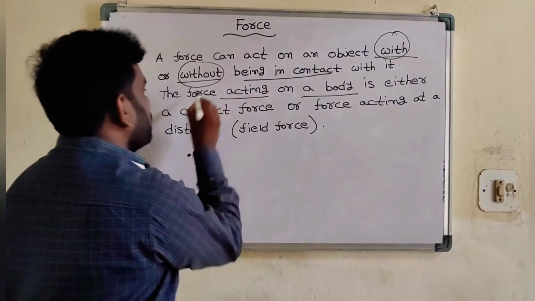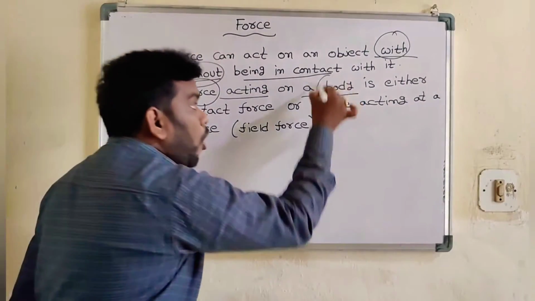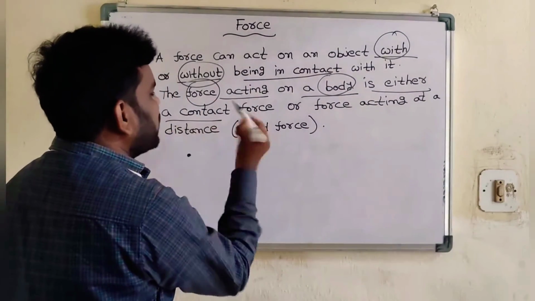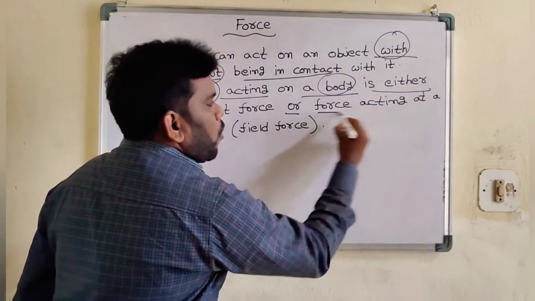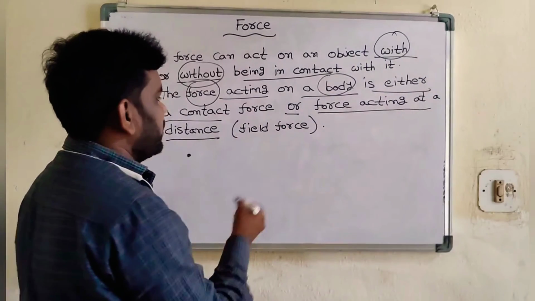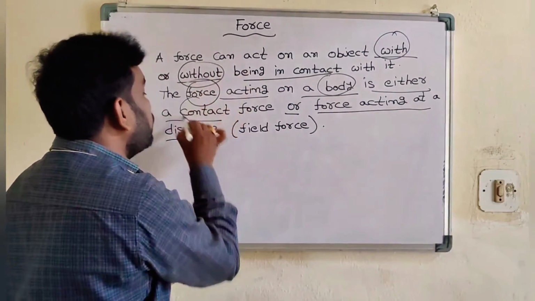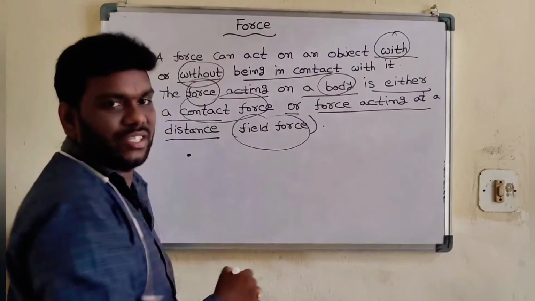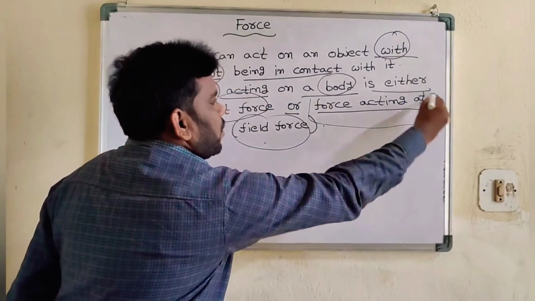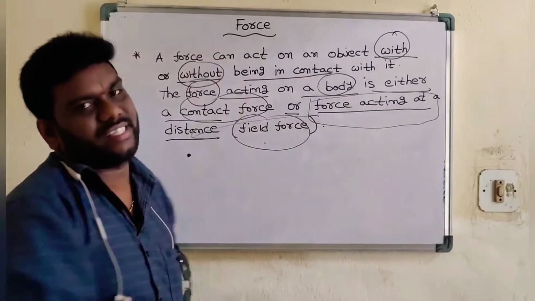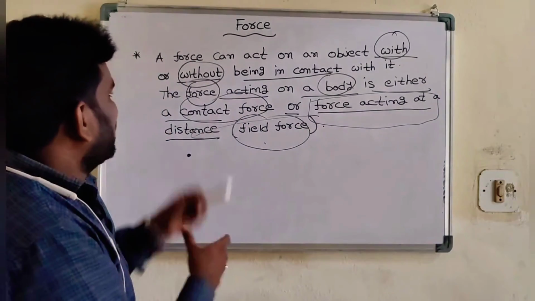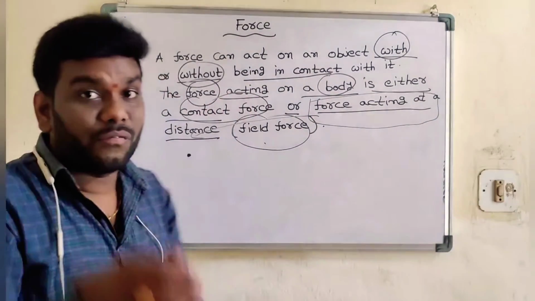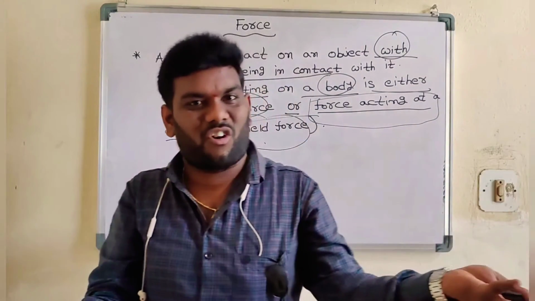If a force acts on a body, it is either a contact force or a force acting at a distance. Such a force can be a contact force or a field force. This field force is nothing but force at a distance. So students, a force can act on an object with contact or without contact.